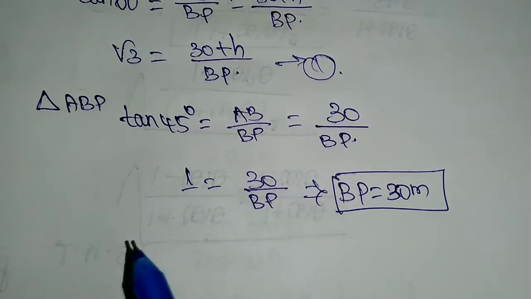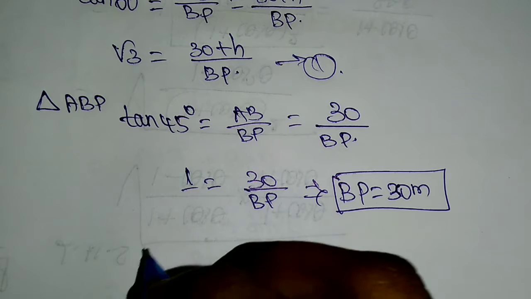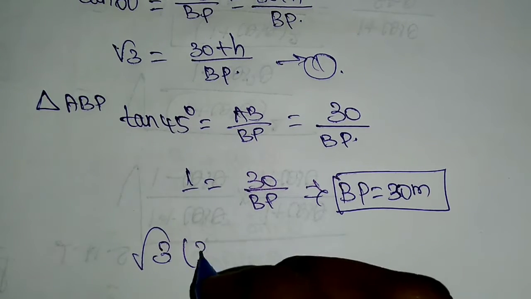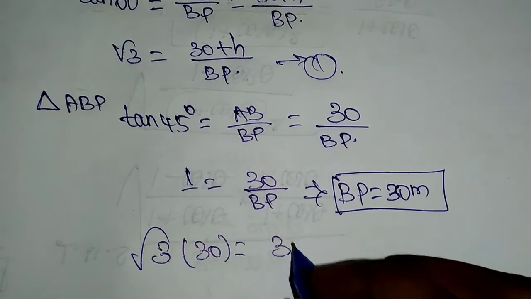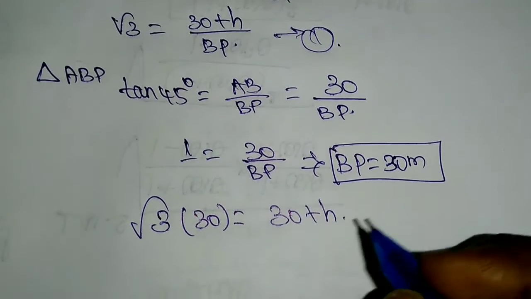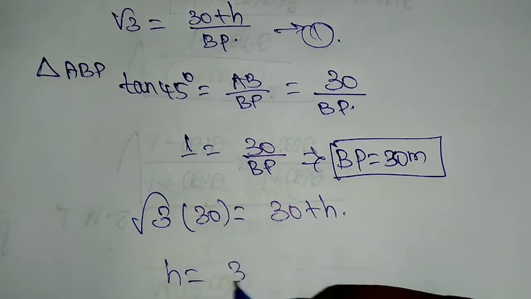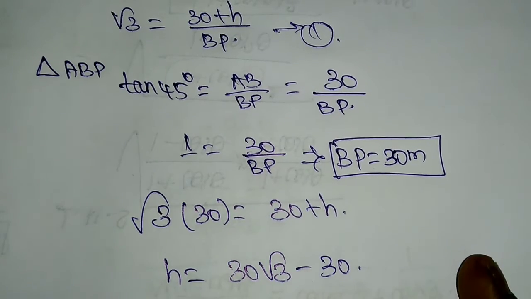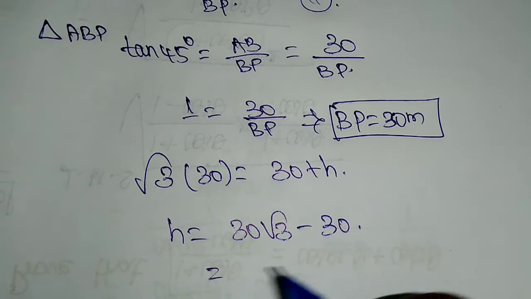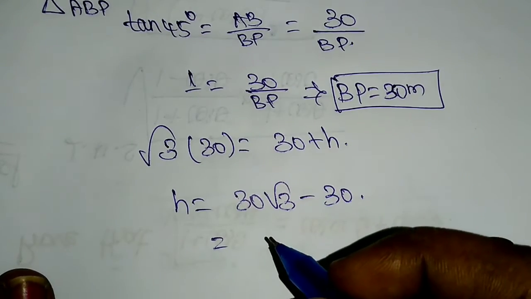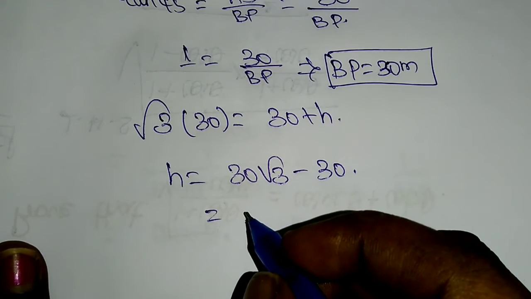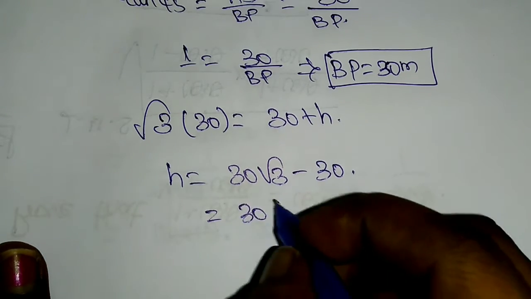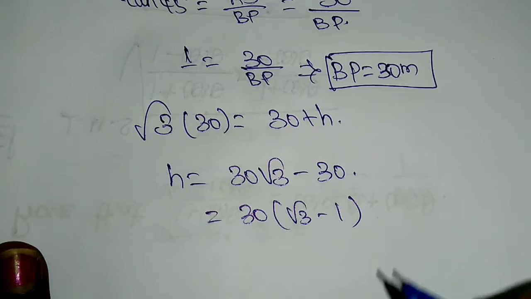Here we are going to substitute the value of BP. So √3 into 30 is equal to 30 plus H. So H is equal to 30√3 minus 30. Here we can write it as 30 into (√3 minus 1).